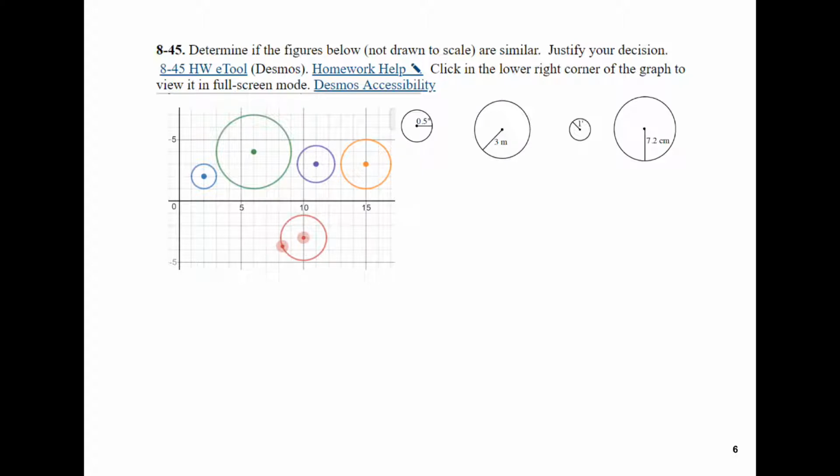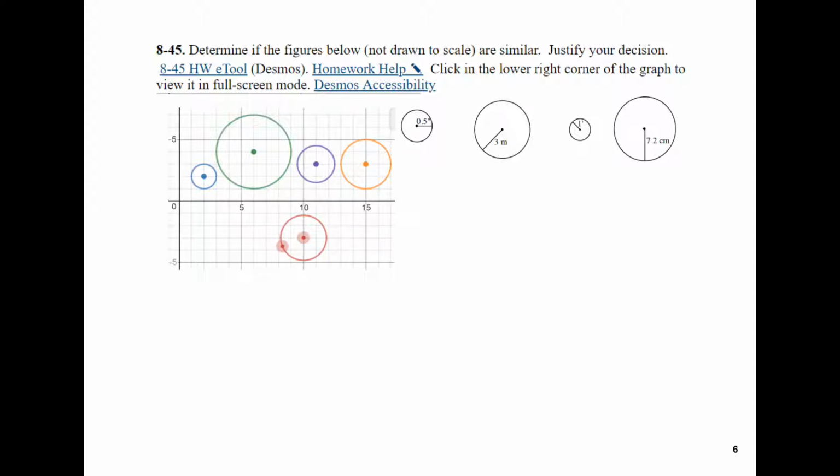So looking at 8-45, it says determine if the figures below, not drawn to scale, are similar. Justify your decisions. So this is a perfect opportunity to use the e-tools within the homework. If you click on the e-tools, it will bring you to all of these colored circles, and then you can click the colored circles to adjust them.